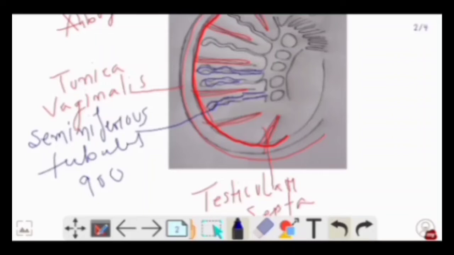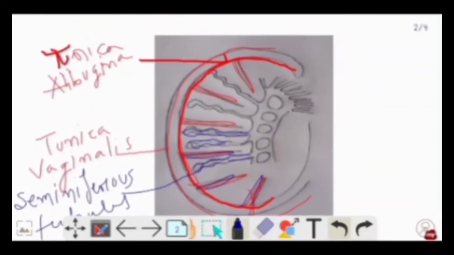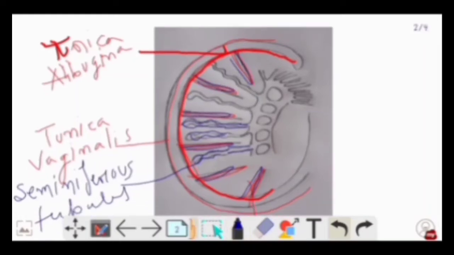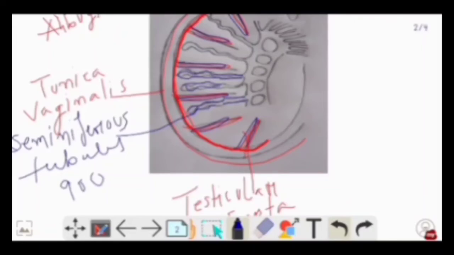Because there are 300 compartments in the testis in total, and in every compartment 3 coil-like seminiferous tubules are present. So the number would be 900.